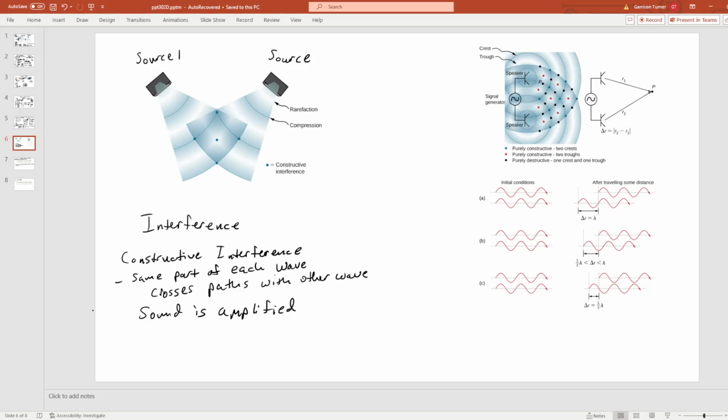But if a trough and a crest meet, then you get destructive interference.